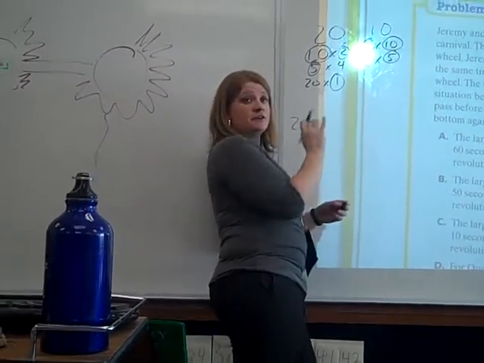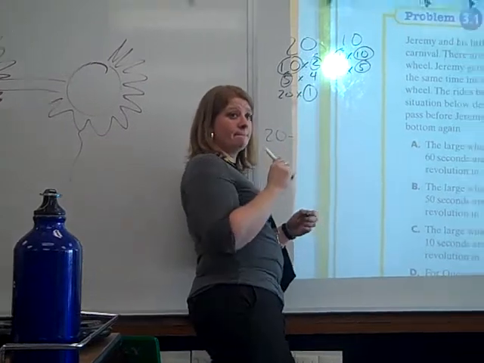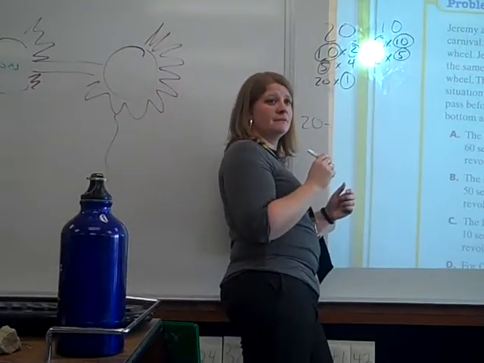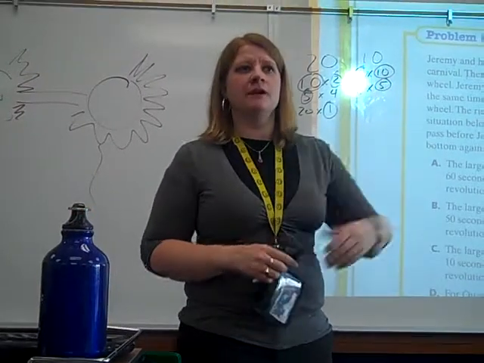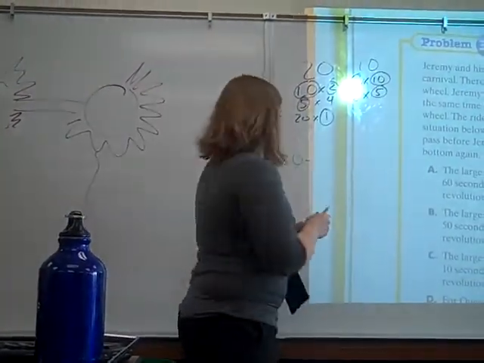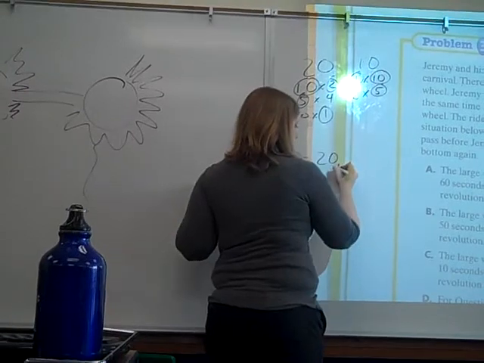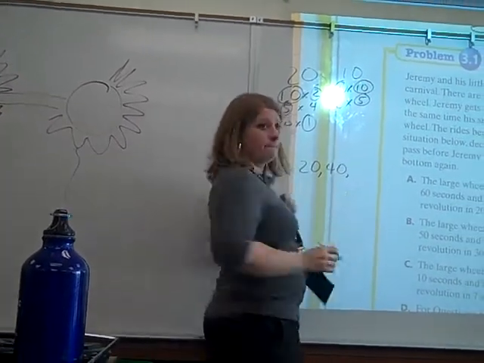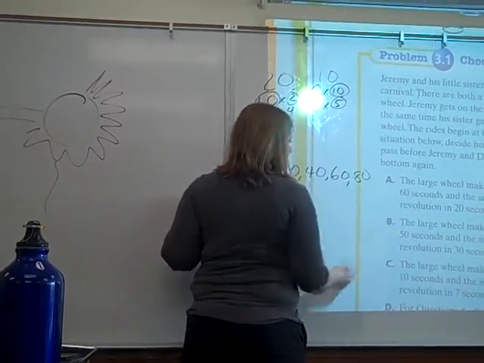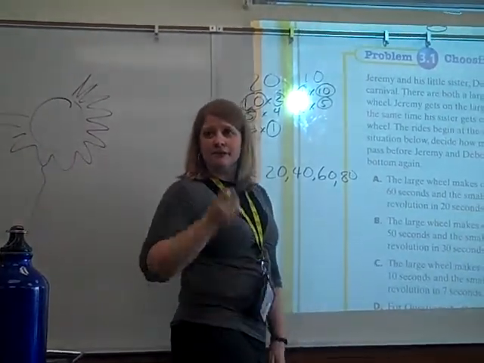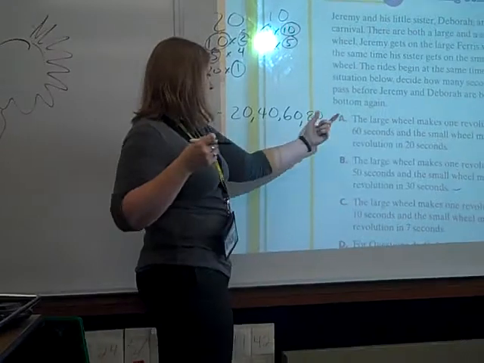No, 2 isn't a multiple of 20. 1? Nope, 1 isn't a multiple of 20. Multiples are when we count by that number and the numbers that we come up with. We actually start with 20. We got 20, 40, 60, 80, and we can keep going on, right? Go to 100, and so on.